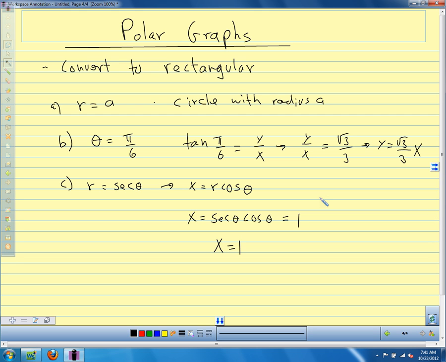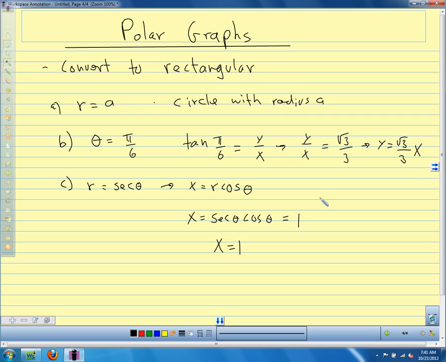In your book, on page, let me find the page. They give a chart with a bunch of graphs of polar equations. What's that? 735. So I would say not necessarily to memorize those, but be a little bit familiar with some of these graphs, especially the rose curves and the circles.